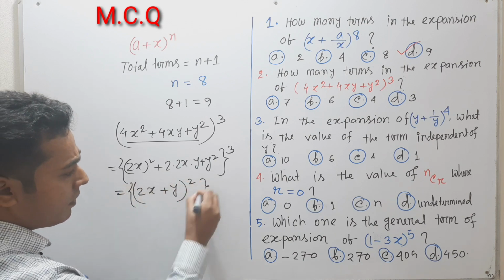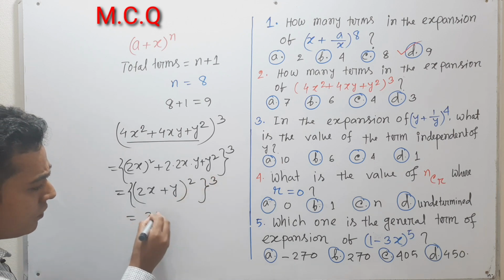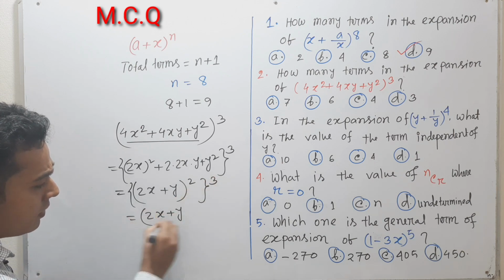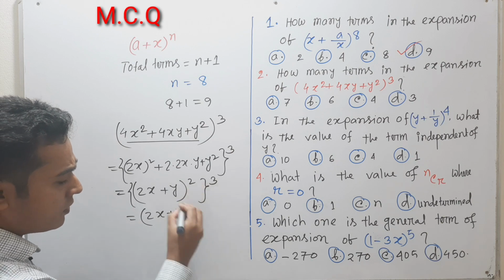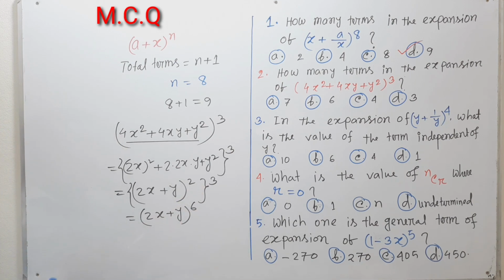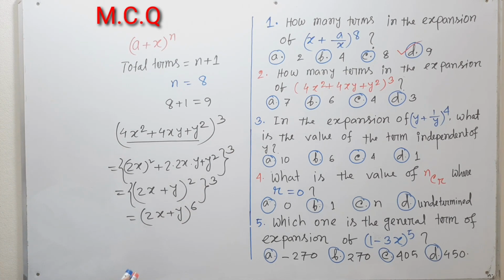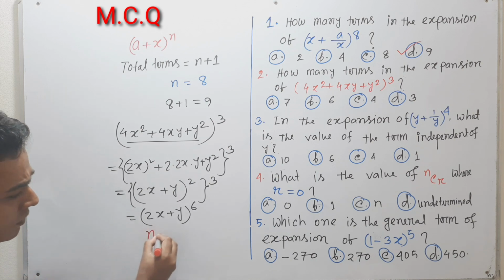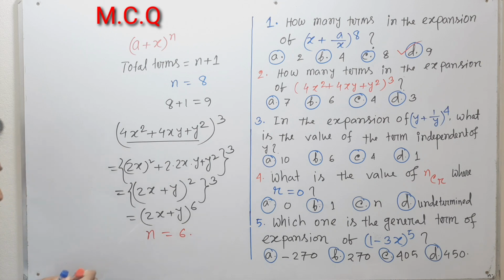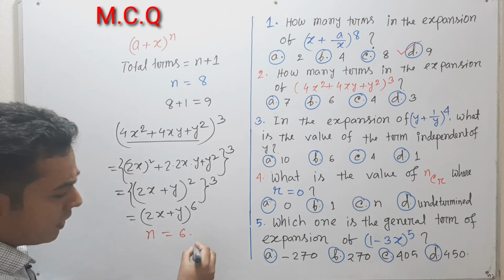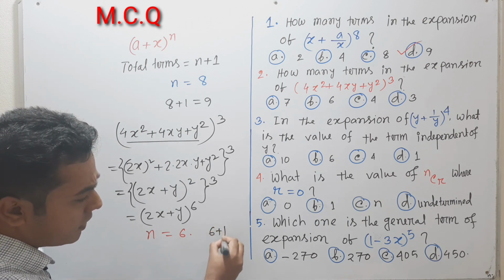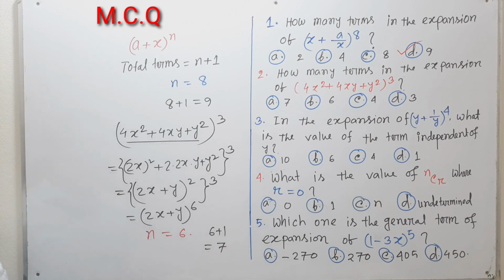So (2x plus y) to the power 3 times 2, 6. Here n is equal to 6. So total terms is equal to n plus 1, it will be 7. So our answer option A is right.